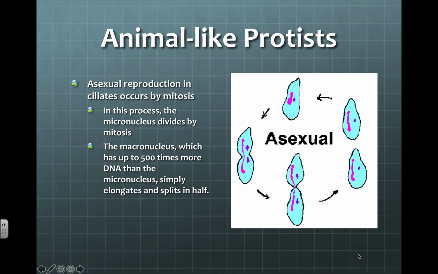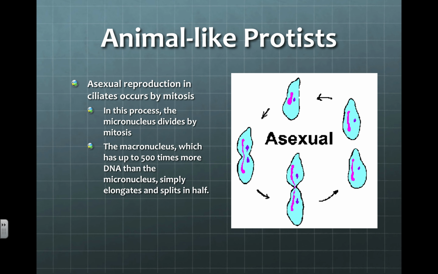Now, if you look over to the right at the top, we have a ciliate, and you can see that there's two nuclei. There's a micronucleus, and there's a larger one, the macronucleus. And so what happens is if you follow the arrow to the left, the micronucleus divides by mitosis, and it's going to make a copy.